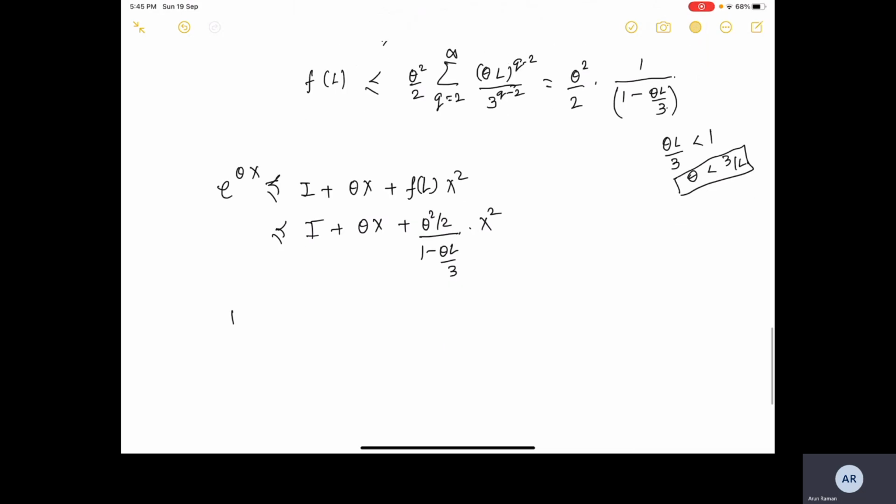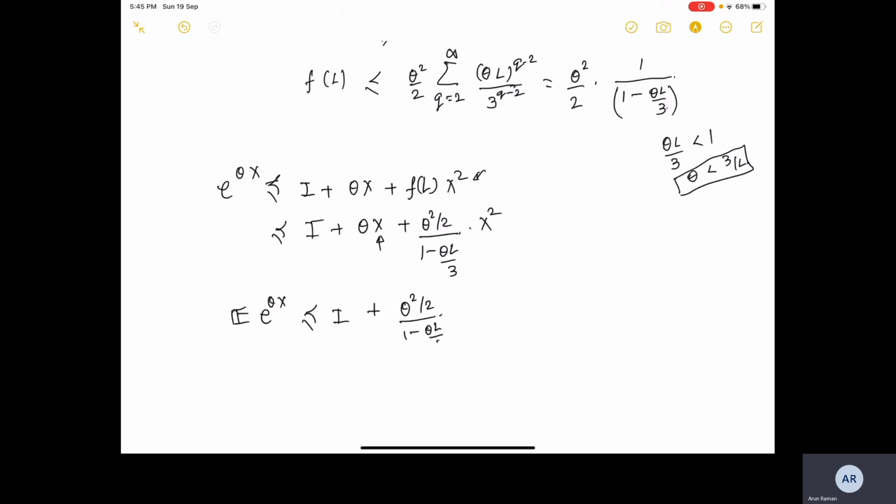Now when we take expectation, our objective was to expose x square, and we have done that successfully. Then if we take expected value on both sides, we assume that the expected value of x is 0, which we will be using in the Bernstein inequality anyway.